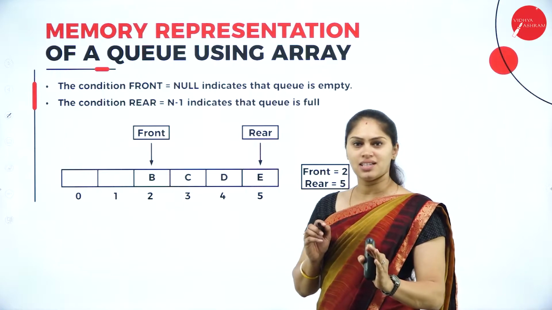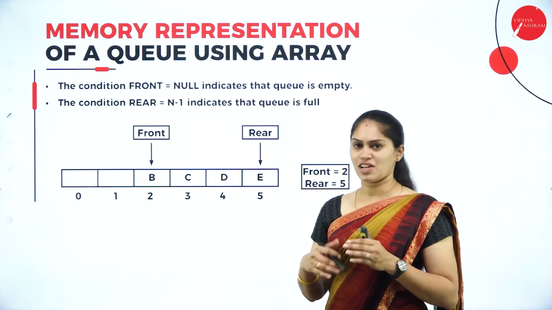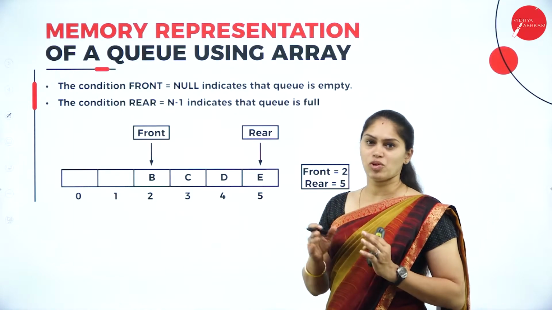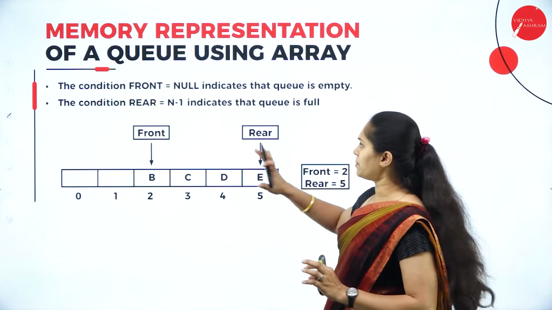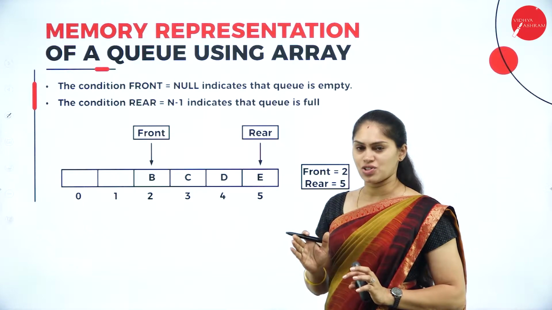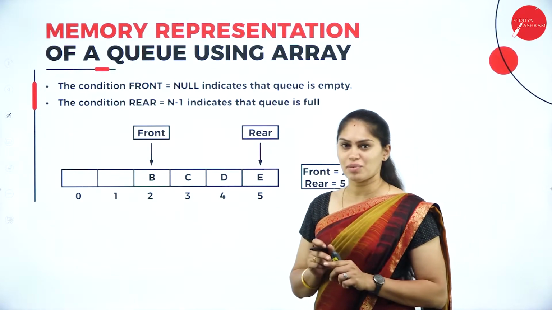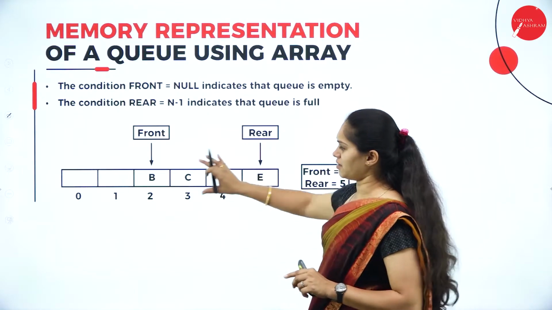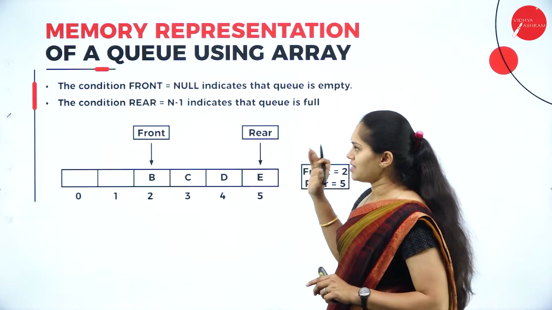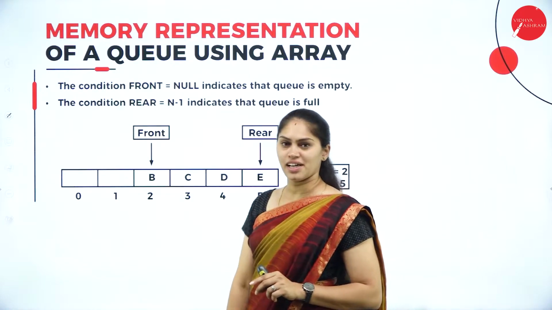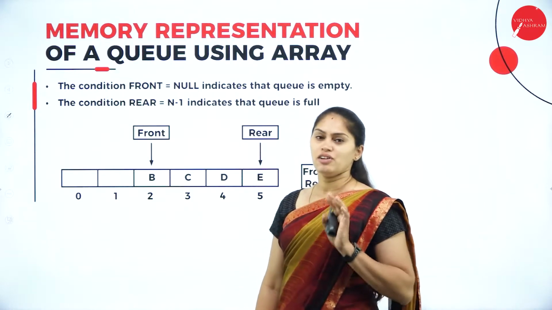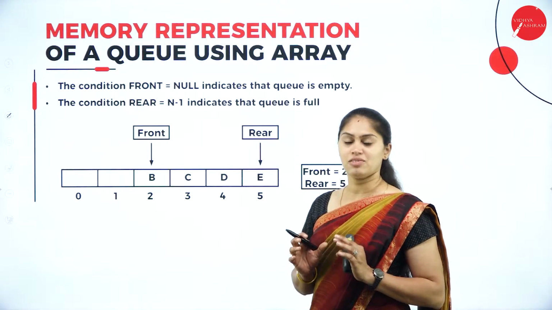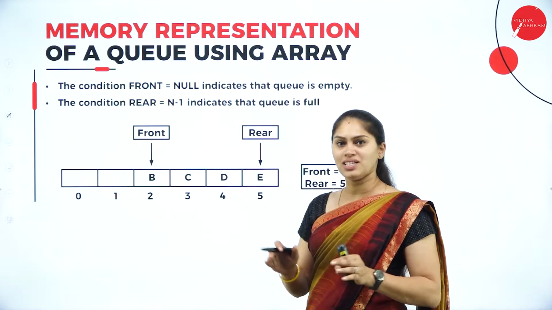For every data structure, we have a memory representation. With the help of arrays, we explain the memory representation of each data structure. If it is a one-dimensional array, it can be row-wise or column-wise, but here we are using it row-wise, and here also we have certain conditions that need to be satisfied. If I want to insert an element, I need to check for vacancy, whether the queue is full or not.